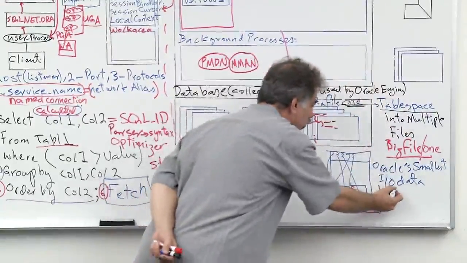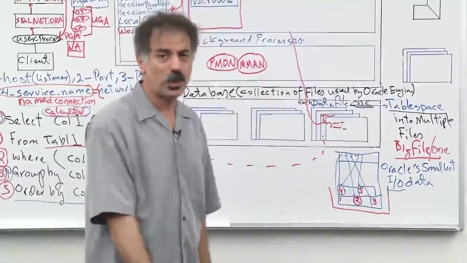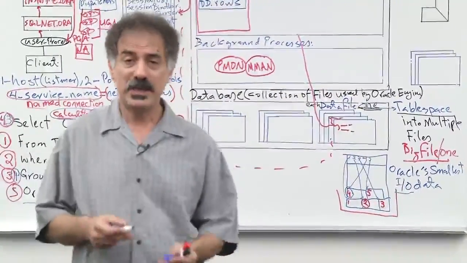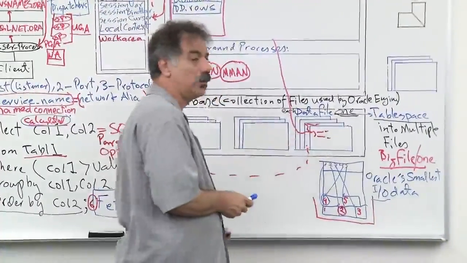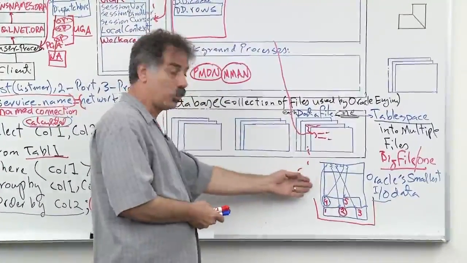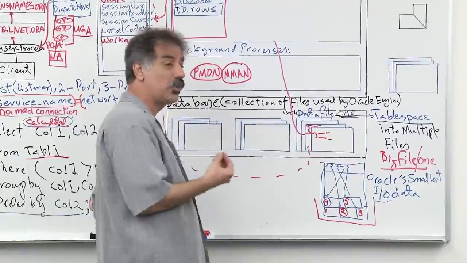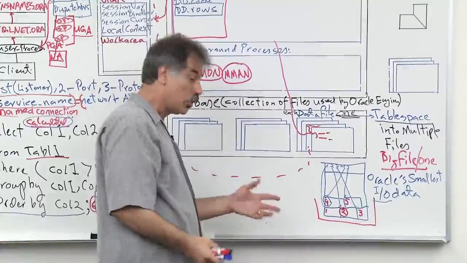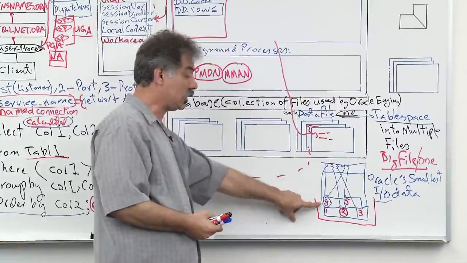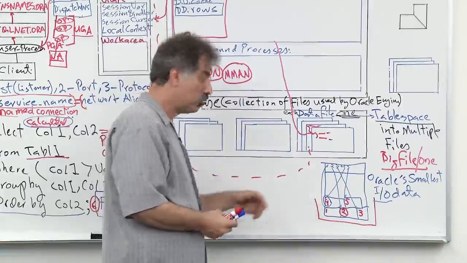So, since this block is the smallest piece of Oracle data, once this block is put together, I might as well put this block in a shared memory so other users can get access to it in case John also requests a record and his record is record number 4.